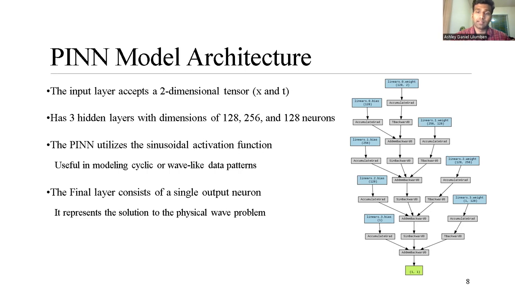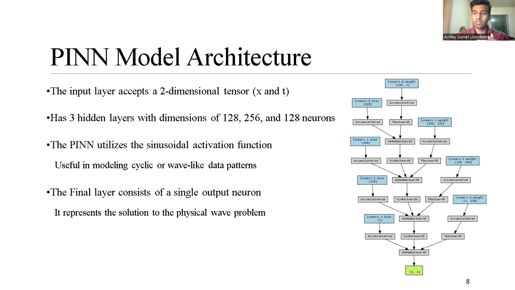There are three hidden layers with 128, 256, and 128 neurons. And it uses the sine activation function, which is useful in modeling the curvature or the wave-like patterns.